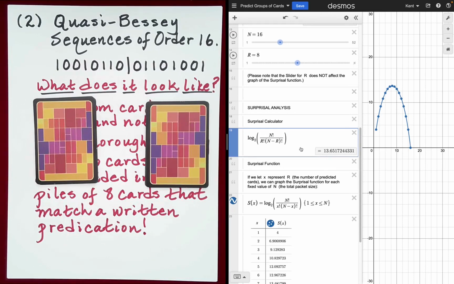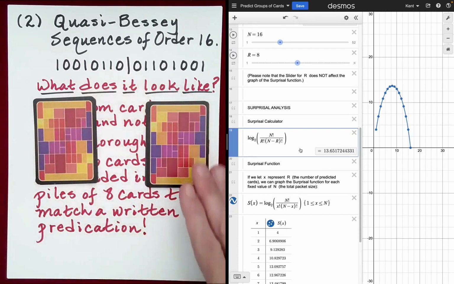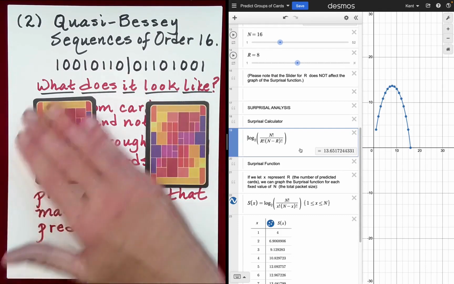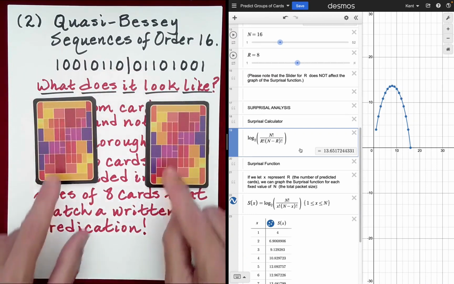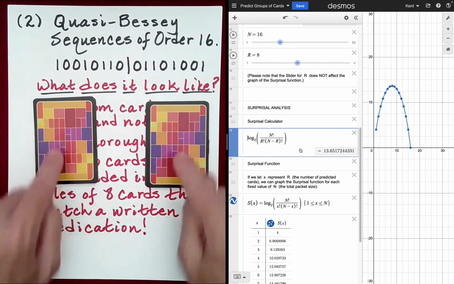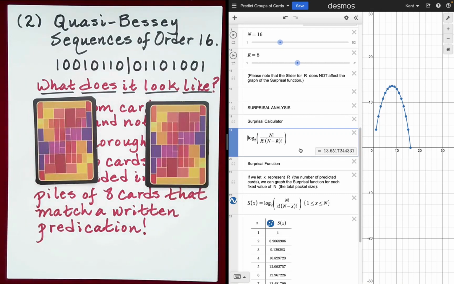So the interpretation here would be that the surprisal level or degree of surprise in witnessing the successful completion of this routine, where you're able to predict ahead of time the exact cards that make up these two piles after all of the, quote, randomization, is the same level of surprise one would experience in witnessing 14 fair coins being tossed high into the air, and while in the air, that person calls for heads on all of them.